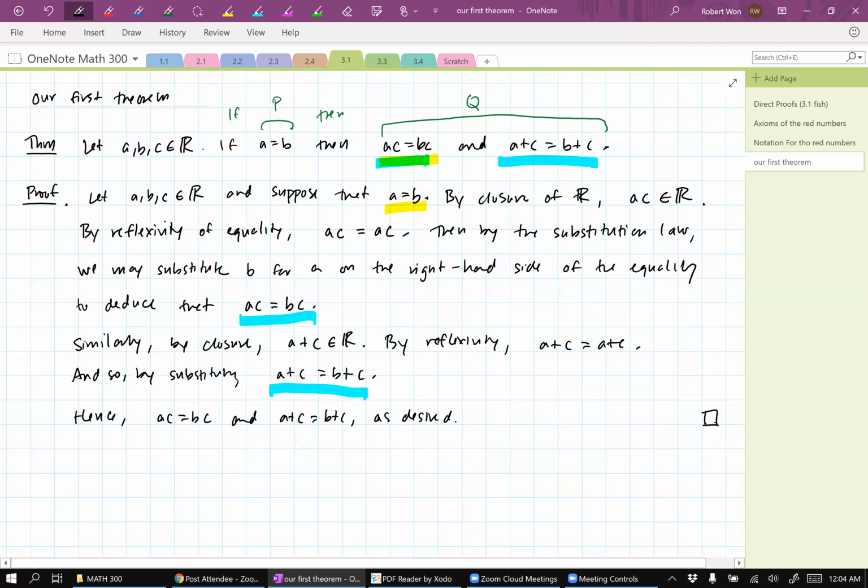Okay, so let's talk about this proof for just a second. First of all, notice that this proof is written in complete sentences in English, because that's the language of this course. So there are periods, there's punctuation, there's no fragments. There are some mathematical symbols that are allowed in a proof.